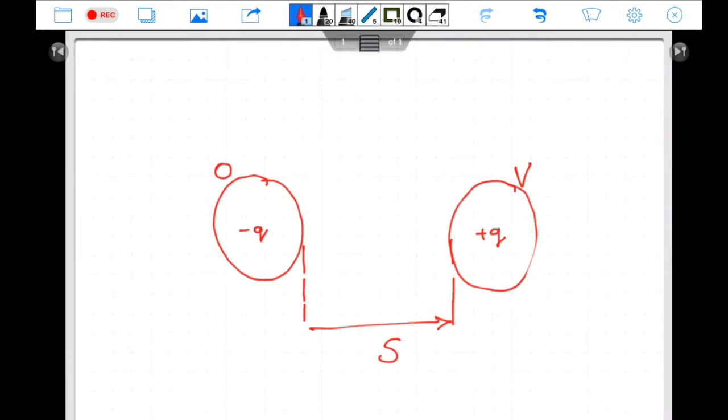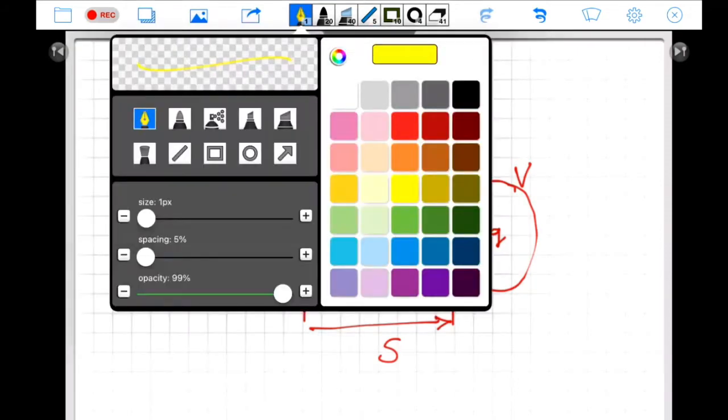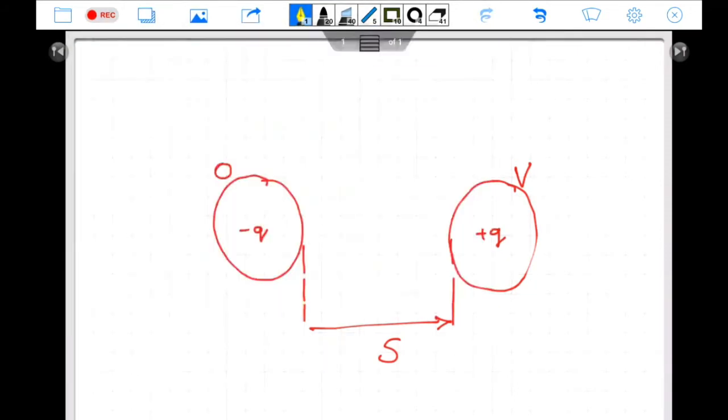So we've got the positive charge where I've put the voltage V, and the negative charge where I've put the voltage 0. Let's start sketching the electric field. Remember, the electric field from a positive charge moves away from it and towards the negative charge.